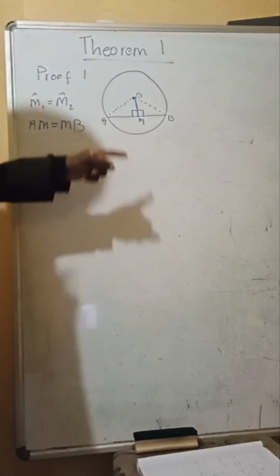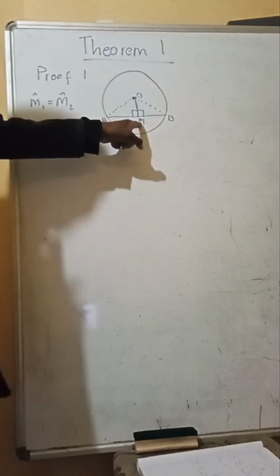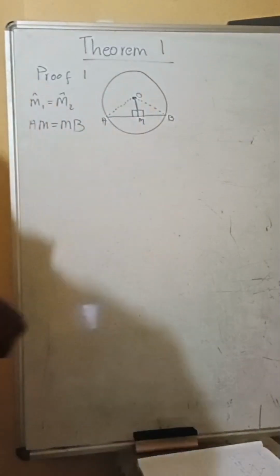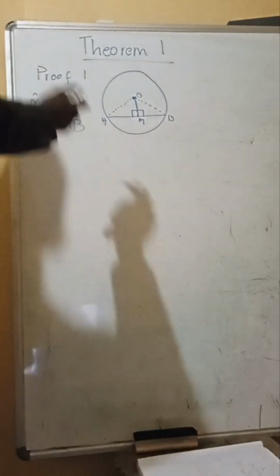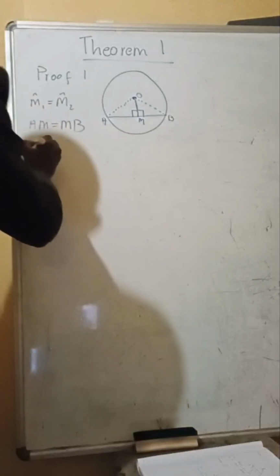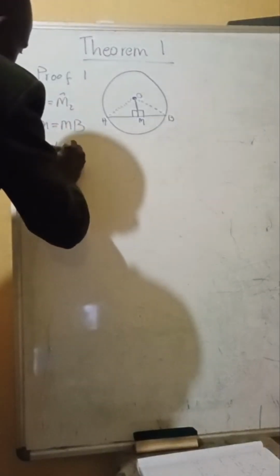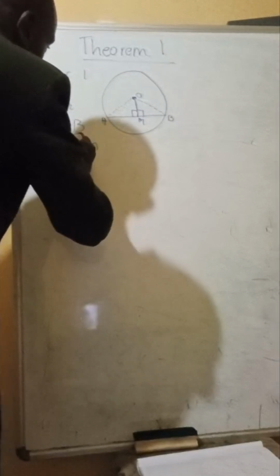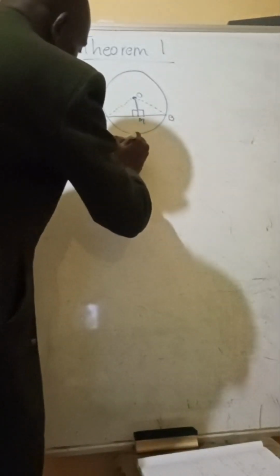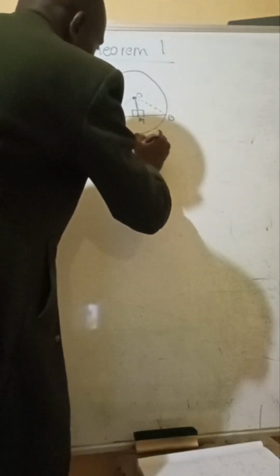We have 2 triangles, triangle AOM and triangle OMB. So now let us focus on those triangles.